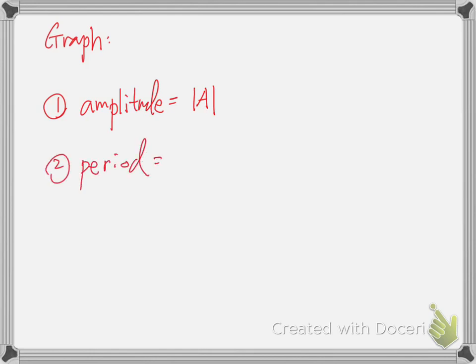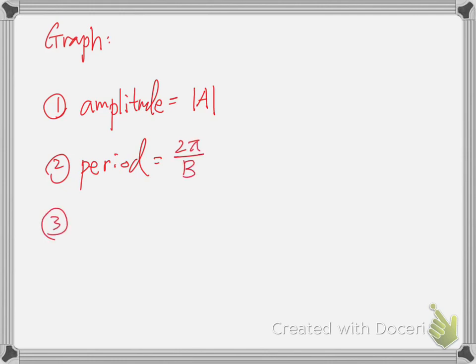So the first one is the amplitude, which is the absolute value of a. Then we have the period of the function, which is 2 pi over b.